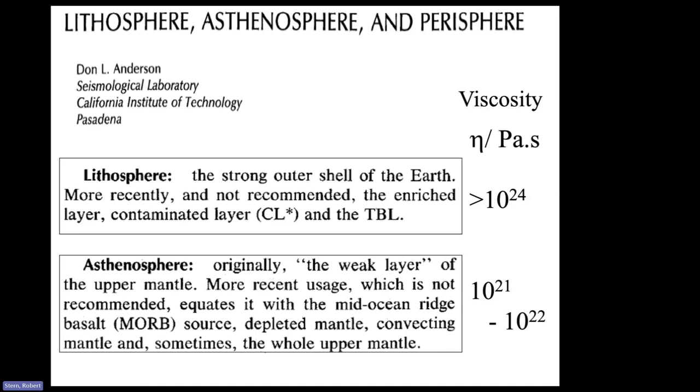For asthenosphere, it's significantly lower, 10 to the 21 or 10 to the 22. Those are huge numbers. Steel has a viscosity of about 10 to the 13th. So these are astronomical viscosities, but these differences between lithosphere and asthenosphere viscosities are useful for modelers.